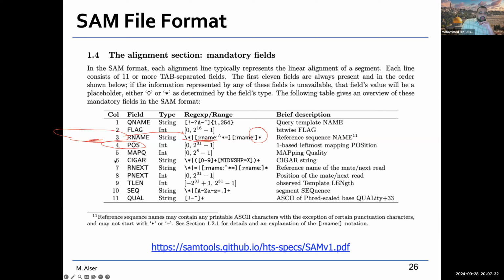The number 6, the sixth column, is about the CIGAR string. And what is CIGAR? If you remember the arrangement that we did when we learned sequence alignment, where we have characters like this, A, C, T, for example, C, A. Then we have another sequence, A, G, C, C, A, for example.